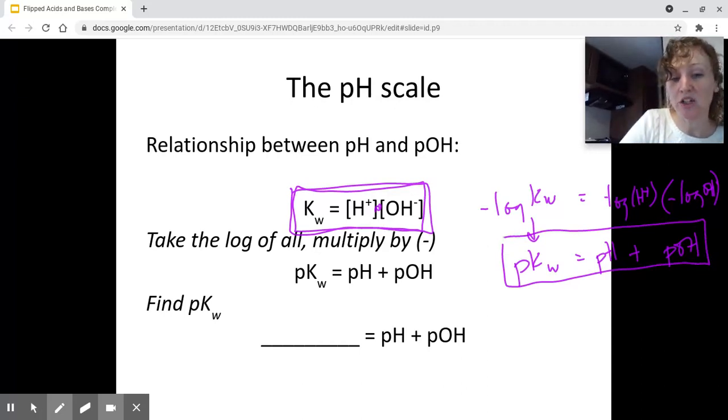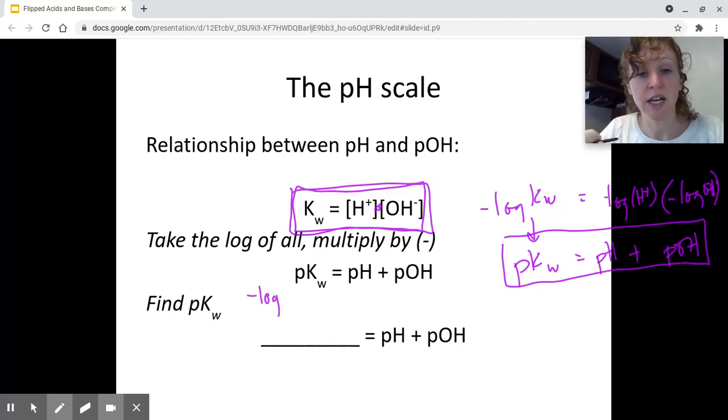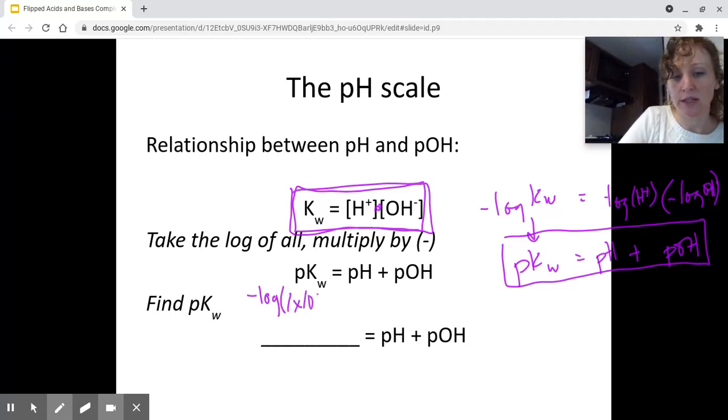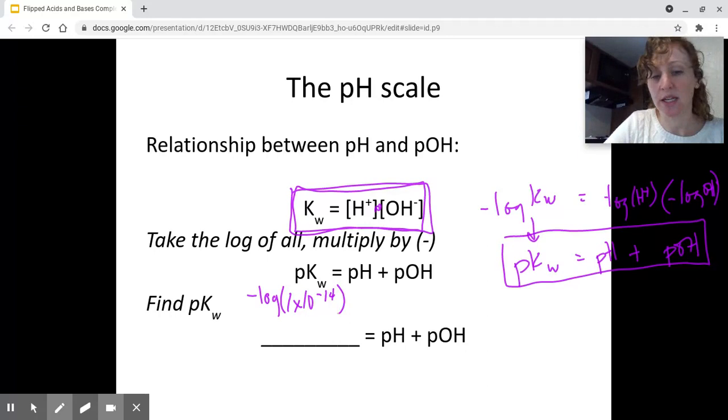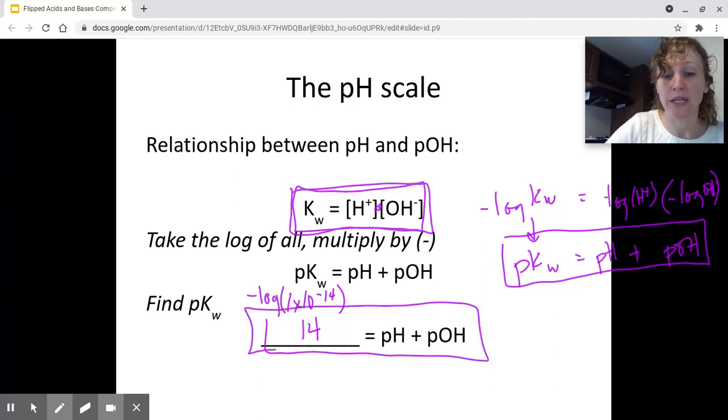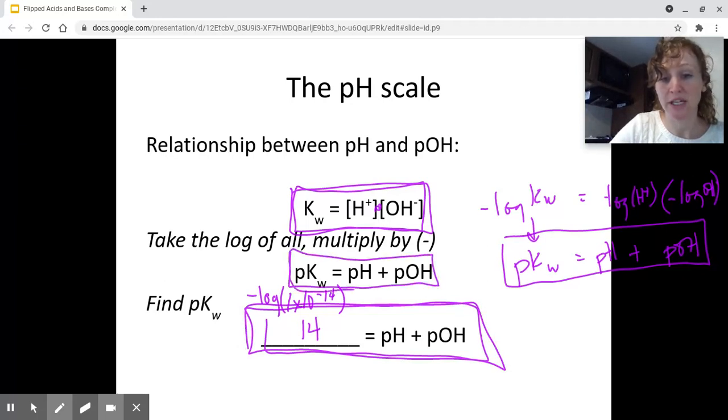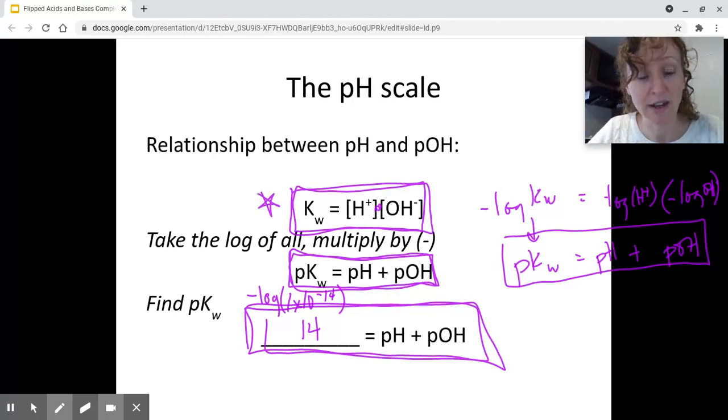So now we can actually calculate what this is for the pKw at 25 degrees Celsius, at STP, right? 1 times 10 to the negative 14th. We've already seen the negative log of 1 times 10 to the negative 14th is 14. And so here is a third relationship we have between them. Now, all of these relationships are derived from the same relationship, so you can just continue using this first one.